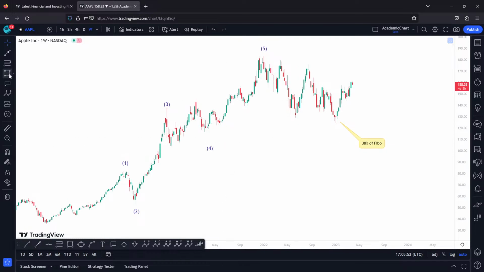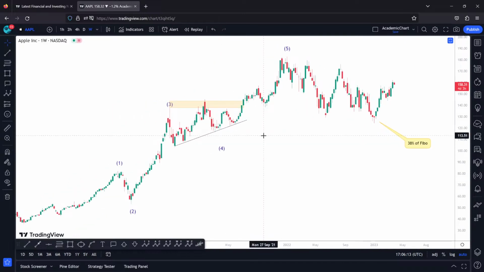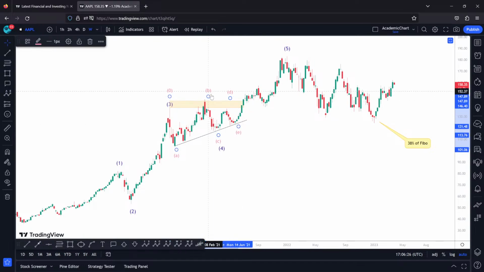However, because our second wave, which is our first corrective structure, was a sharp corrective structure, we are now expecting the fourth wave, our second corrective structure, to be a sideways corrective structure according to Elliott wave theory. I'm seeing a descending triangle, and I can even count its waves as A, B, C, D, E as the minor waves.